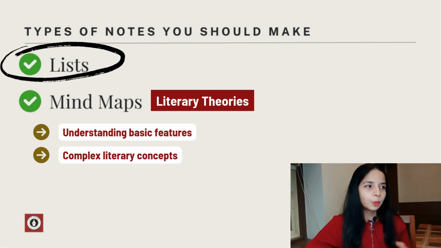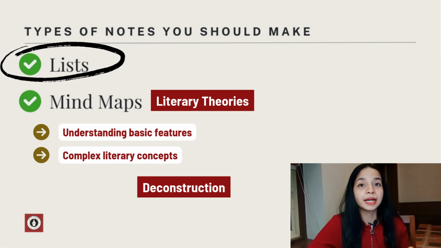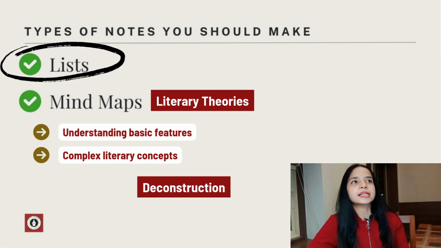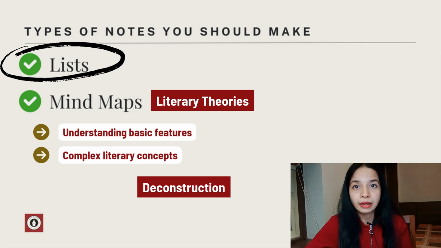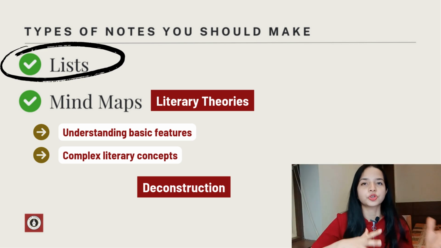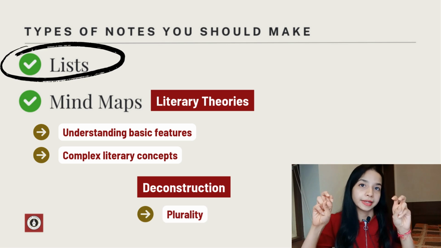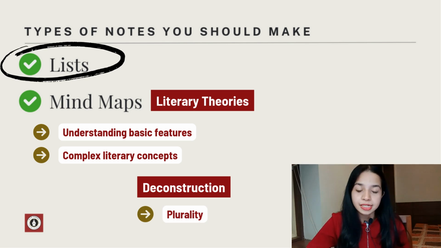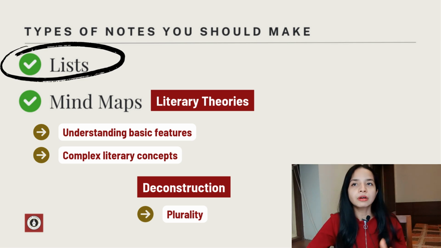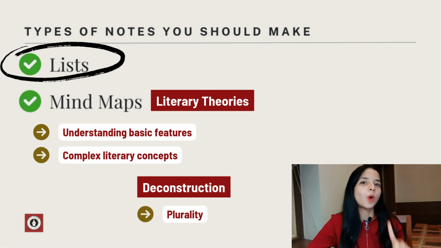For example, when I'm talking about the concept of deconstruction provided by Derrida, how would I describe deconstruction? I would associate deconstruction with the word plurality, because in essence, when Derrida talked about deconstruction, he talked about how there is no one single meaning to a text.